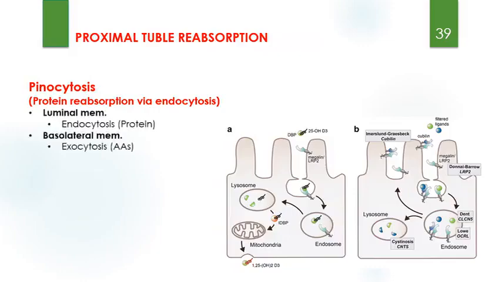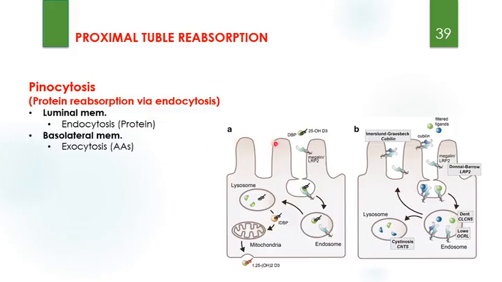It is rare, but if any protein is filtered into the Bowman's capsule and enters the proximal tubule, the proteins will be reabsorbed via an endocytosis mechanism known as pinocytosis.